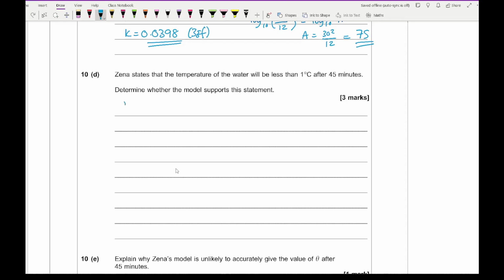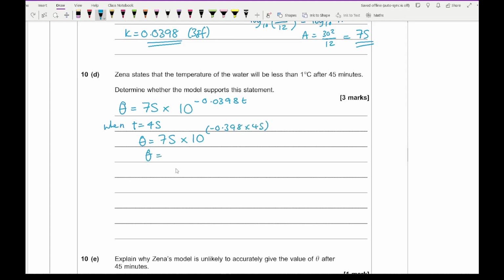Well, let's first of all write down the model using the numbers of a and k that we've found. So it's going to be 75 multiplied by 10 to the power of minus 0.0398 times t. So when t equals 45, we get theta equals 75 multiplied by 10 to the power of minus 0.0398 multiplied by 45.